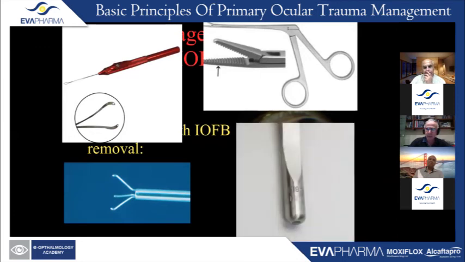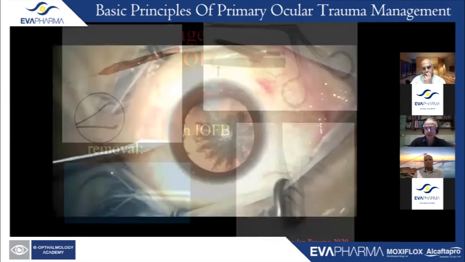So another very important instrument which you should have ready is the rare earth magnet. And now we have a rare earth magnet, which is a 20 gauge rare earth probe, and you can remove the foreign body using the intraocular rare earth magnet, with which, bimanually, you can manipulate the foreign body with ease.